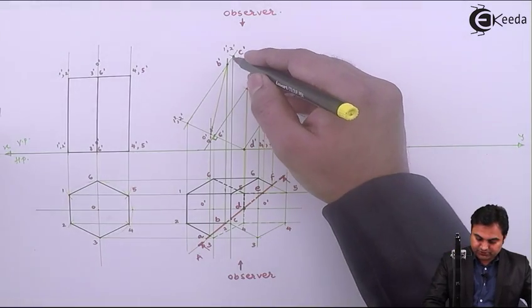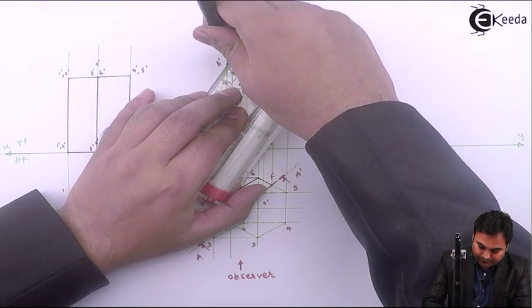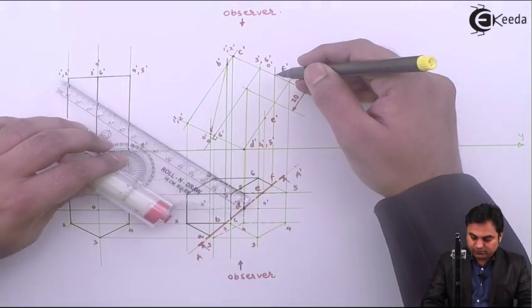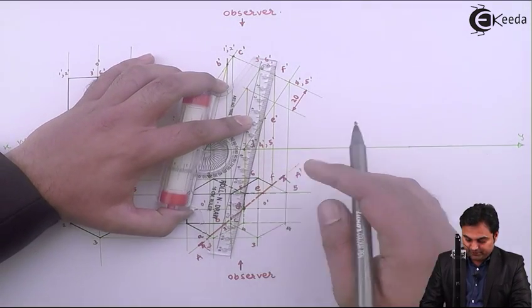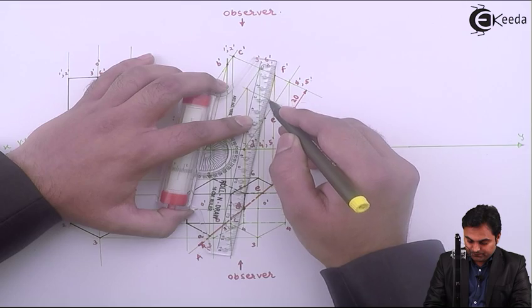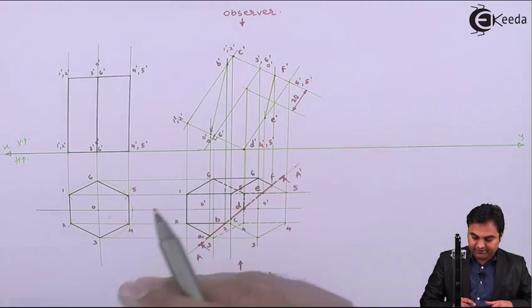Next, B dash to C dash is a line. Then C dash to F is connected. F will reach up till point E, F dash to E dash. Then E to D is connected, and A dash to D dash.